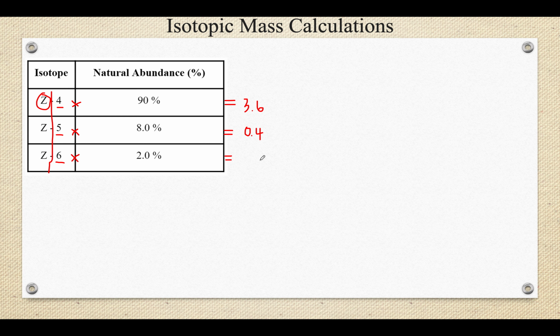So over here, we take 6 times 0.02 equals, whoa, that's a crazy 0.12. So total, if I add these together, I get 4.12 as my average isotopic mass for all of these isotopes of Z.